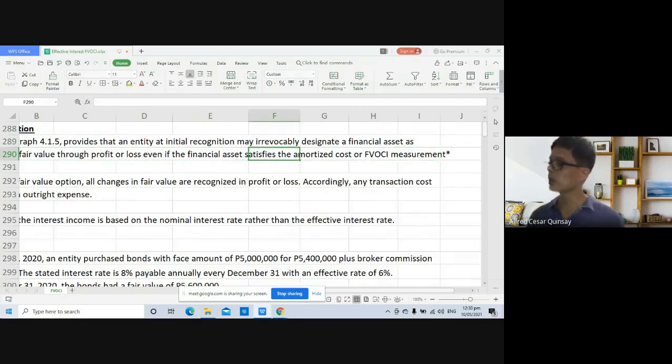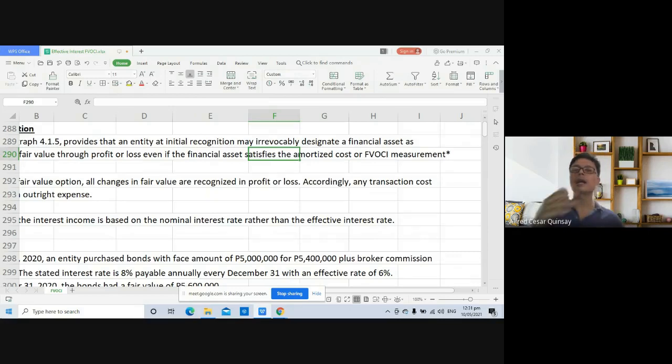Yan. So, in other words, investment in bonds can be designated without revocation as measured at fair value through profit or loss, even if the bonds are held for collection as a business model.